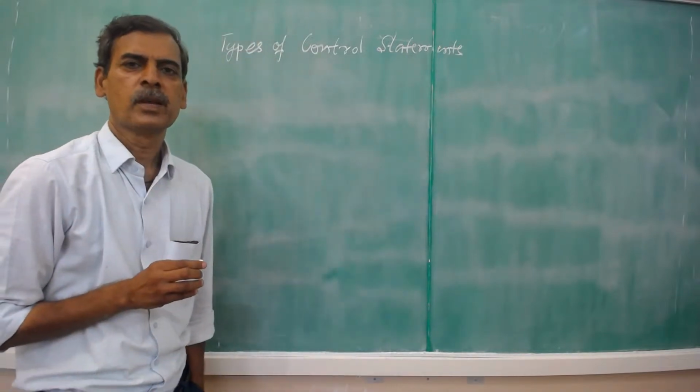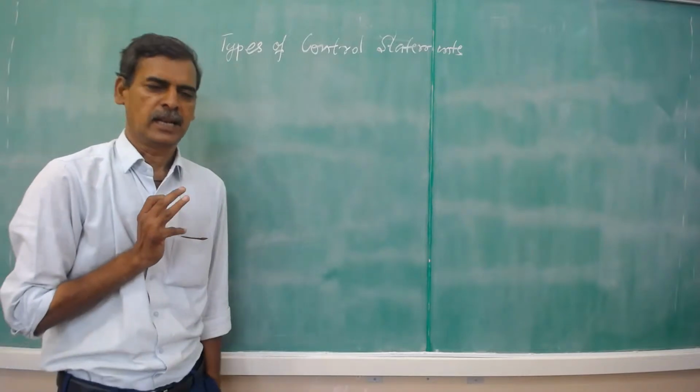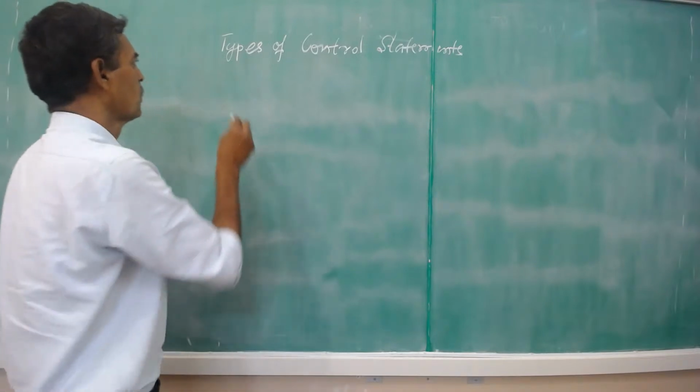So we have two types of control statements. One is selection statement. Second one is iteration statement.